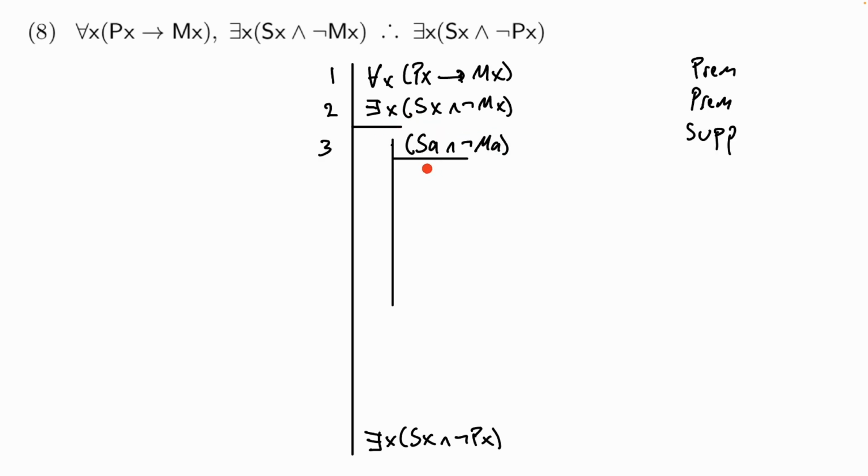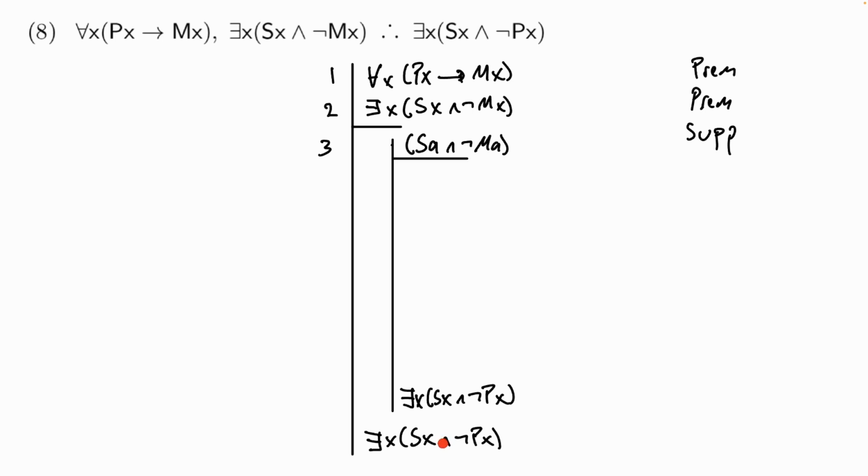And now, having picked some arbitrary individual, say Alex, and having supposed that they satisfy this existential statement, we're going to try to show that that would lead to the conclusion there is an SX and not PX. And once we do that, we'll be able to use existential elimination to get there is an SX and not PX out here.